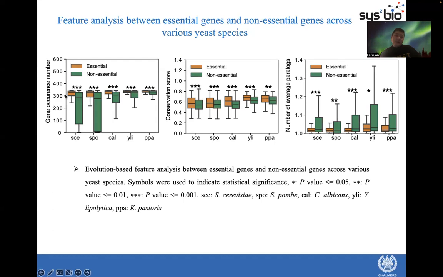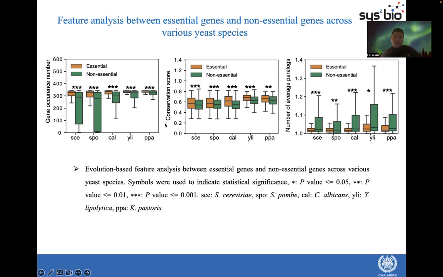when checking the median value of gene occurrence, we can find that the essential genes have relatively higher gene occurrence number compared with non-essential genes. And in the other four species, it is also like that. So we can conclude that gene occurrence number could differentiate non-essential genes and essential genes.